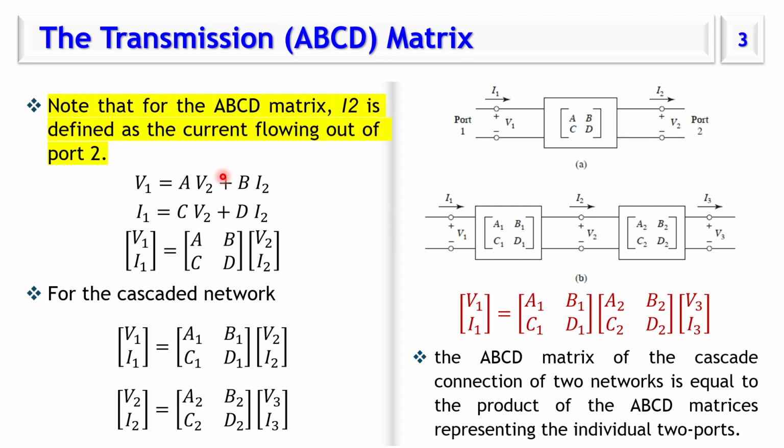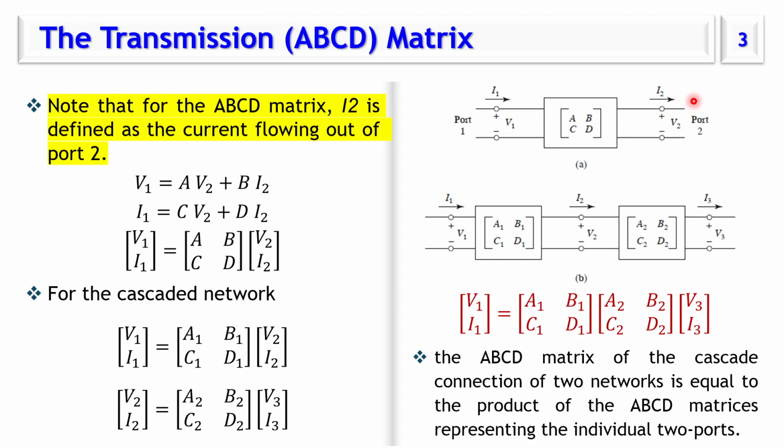If we write the ABCD matrix in matrix format, it would be like this. We are relating V1, I1 to V2 and I2. So the matrix is ABCD, where V1 equals A V2 plus B I2, and I1 equals C V2 plus D I2.